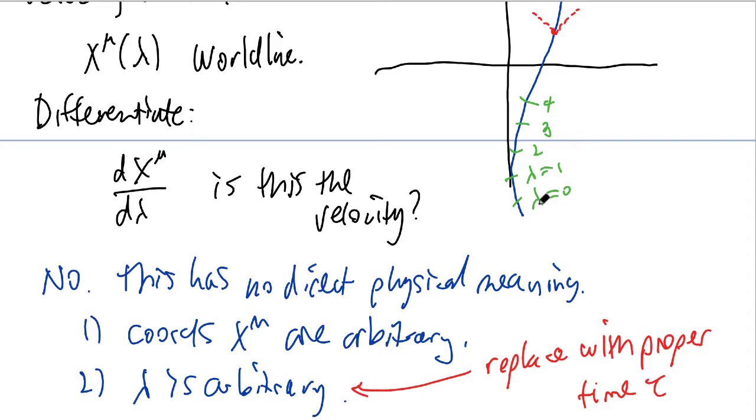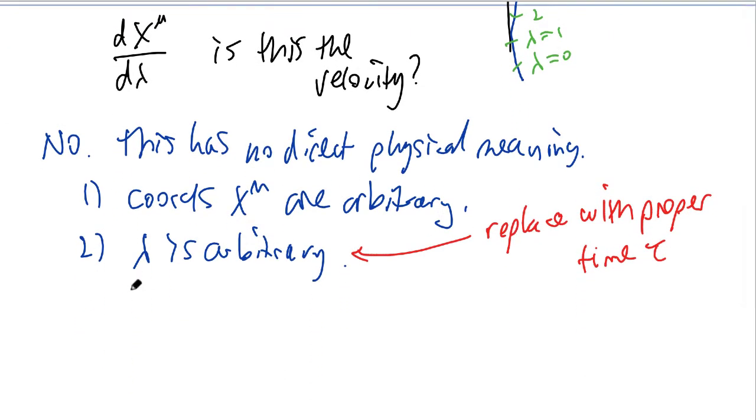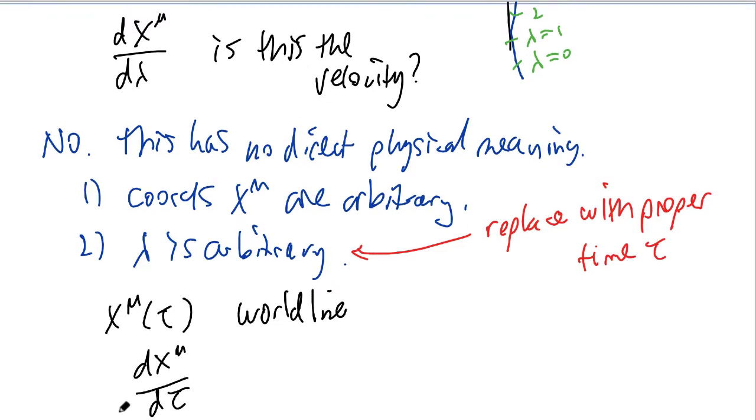So that has physical meaning, and we can parameterize our curve, our world line, with proper time. So this is the world line. And then we can differentiate this with respect to proper time. This still has no direct physical meaning because the coordinates are arbitrary.